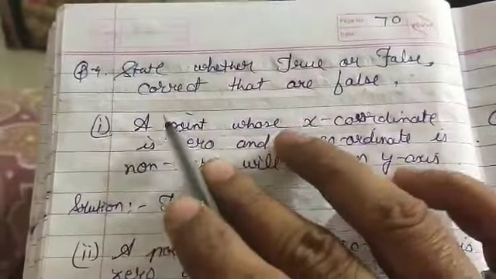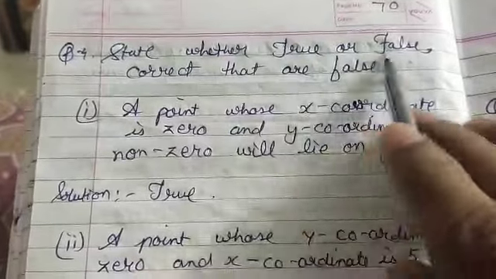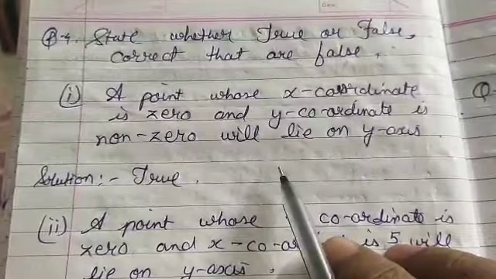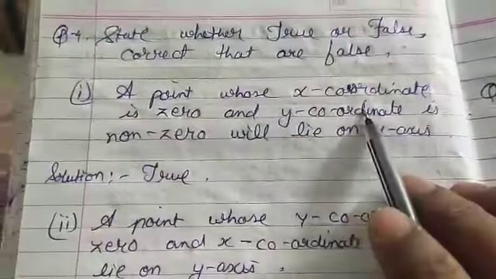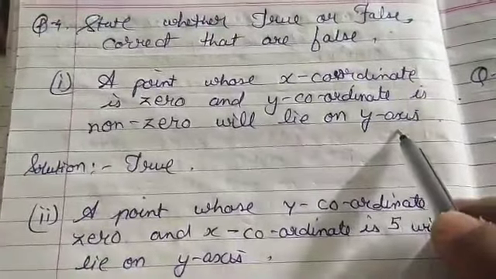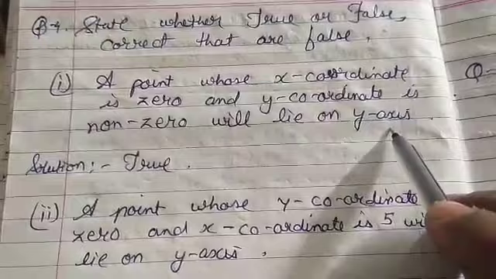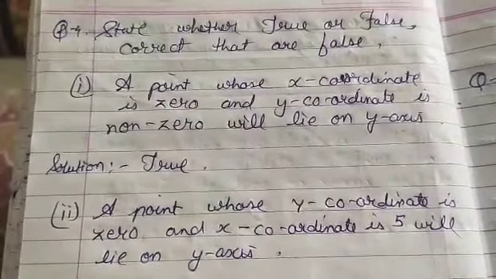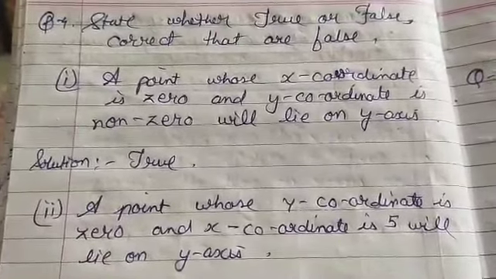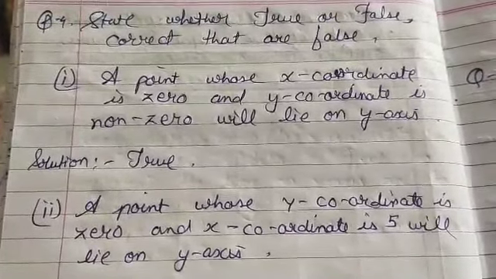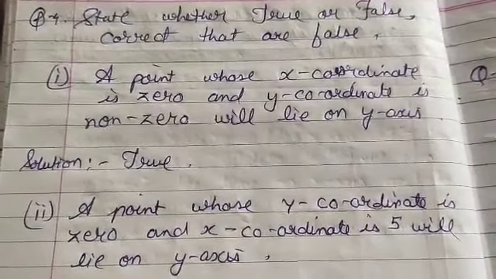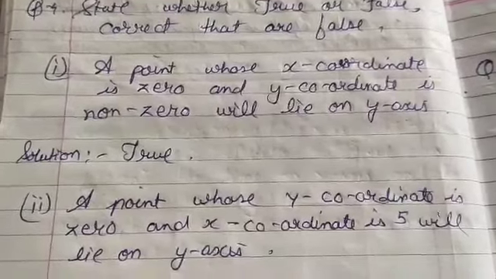In that only, the next question: state whether true or false, and correct those that are false. So we have to rectify any false statement. A point whose x coordinate is 0 and y coordinate is non-zero, will it lie on the y axis? Yes, because if any point has x coordinate 0 and y coordinate non-zero, it will lie on the y axis, because the value of x is 0.